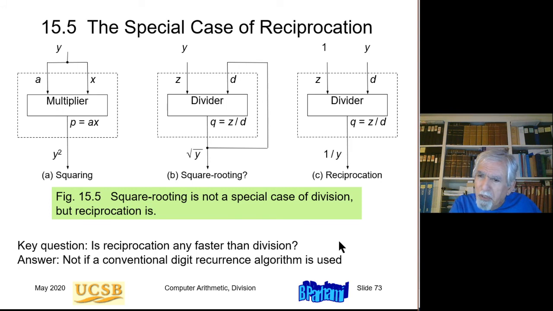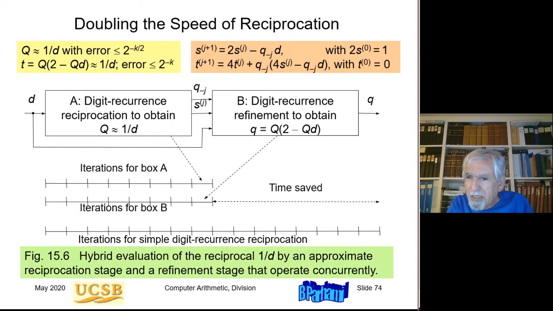However, there are special methods for speeding up reciprocation. Some of these we'll see later, but this is one method that I want to discuss here so that at least you have been exposed to one way of computing reciprocals faster than doing division.